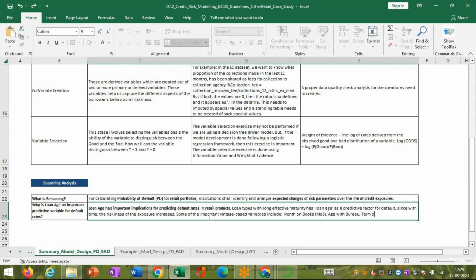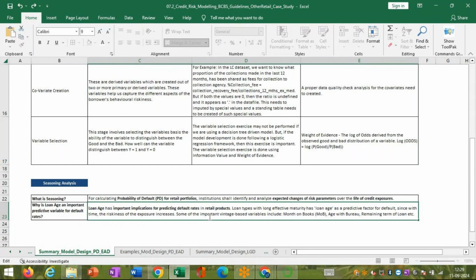The term of the loan or remaining term of the loan, etc. Any variable which is vintage-based has a very significant impact on loans which have a decently long maturity.